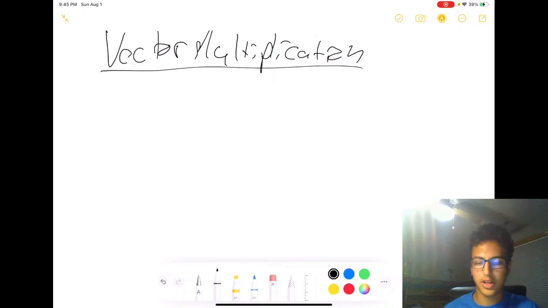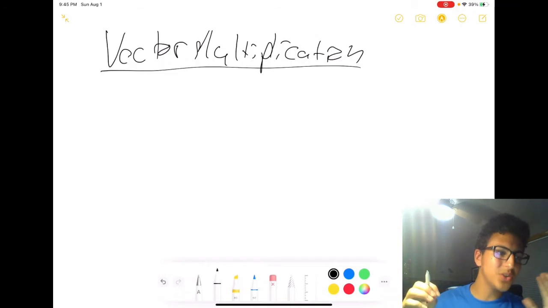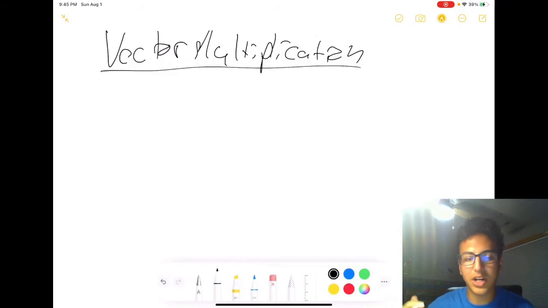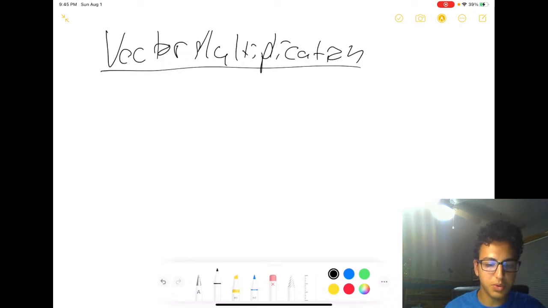Vector multiplication. If you think about it intuitively, there isn't really an intuitive definition, but I'll try to explain it. There are two ways we really multiply vectors, and those are the dot product and the cross product.